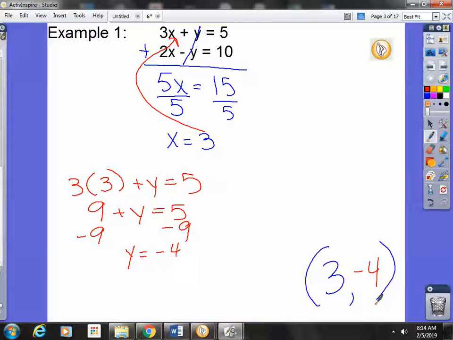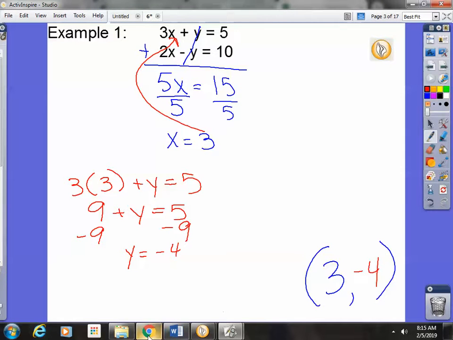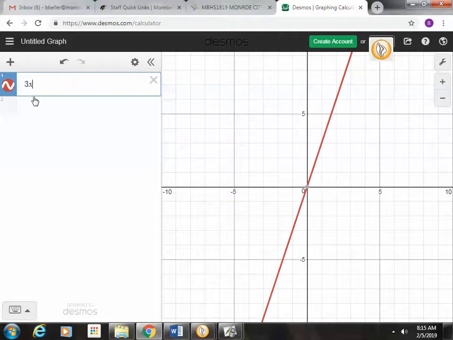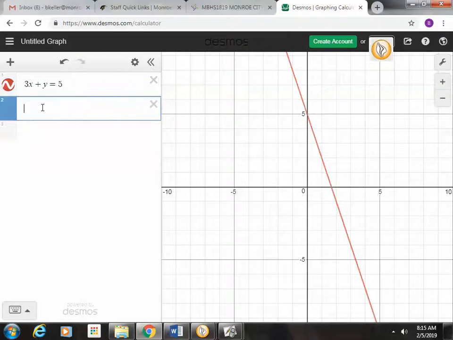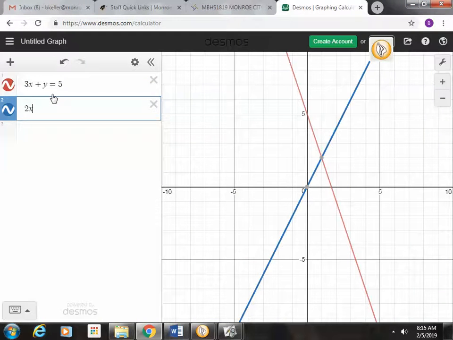I would like to confirm that they really do intersect there by graphing it on Desmos. So if you don't have your Chromebook, you can just follow along with me. 3x plus y equals 5, and 2x minus y equals 10.